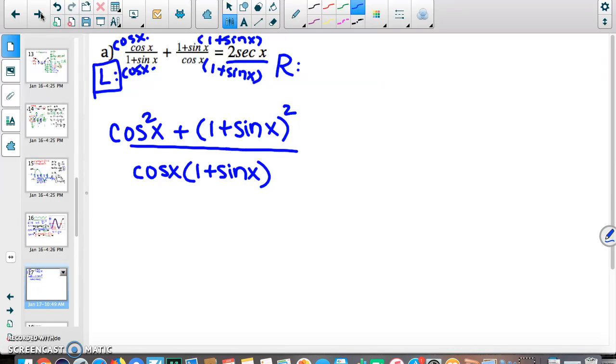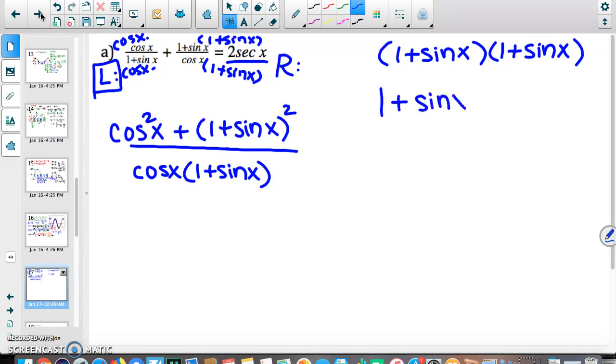Now, a lot of people wanted to just not have to FOIL this out, but we do have to. So I'm just going to go over here and multiply this out. So 1 times 1 gives me 1. Sine times 1 gives me sine. Sine times 1 gives me sine. Plus sine squared.